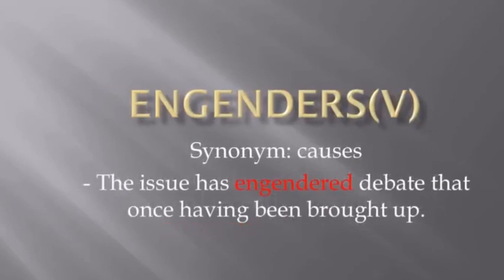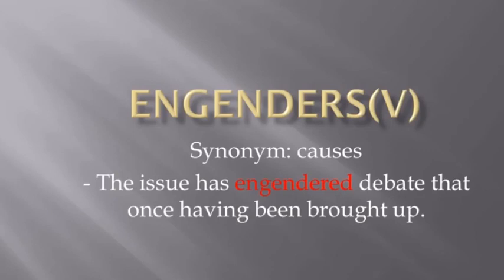And the next word is a verb, which is engenders. Synonym is causes. If you try to write a cause and effect essay, sometimes you have to use the word cause. So instead of using it, you can use engender.